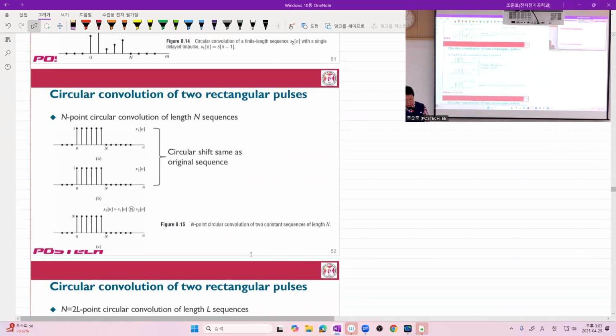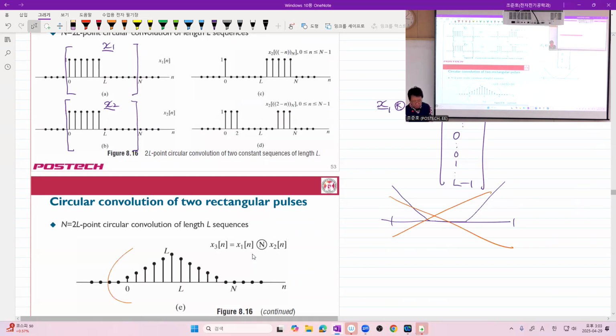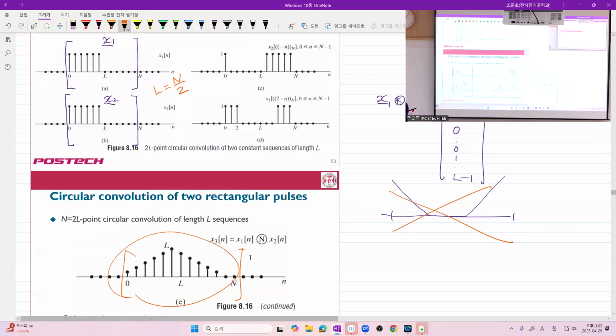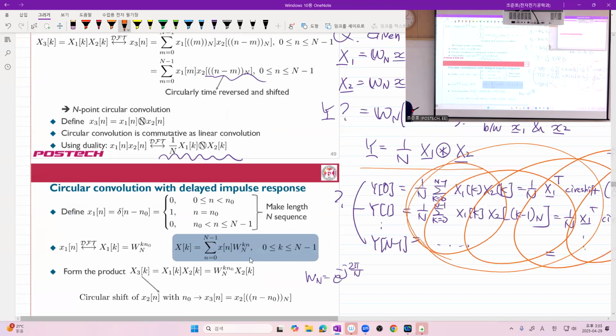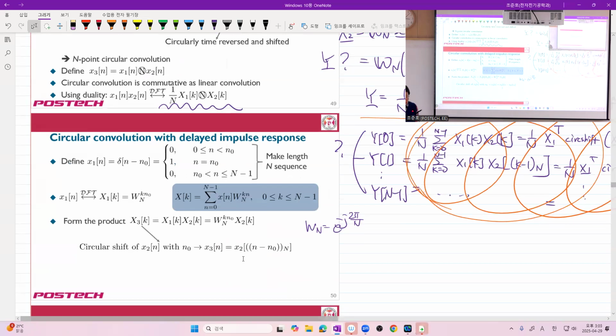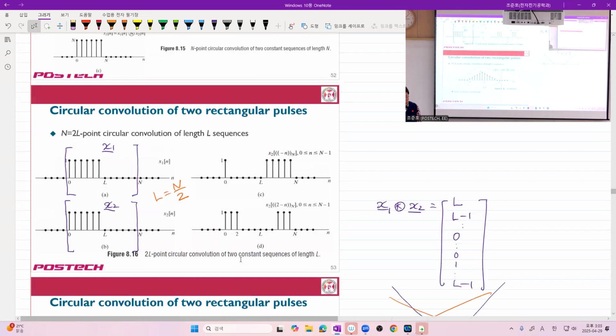So this is also incorrect, and you must have that one if L equals half of capital N. Let me emphasize again, you fill up this part using flip upside down and circular shift. We are going to use MATLAB or MATLAB-like functions in, for example, Python, so you need to know how to use those functions to do circular convolution.